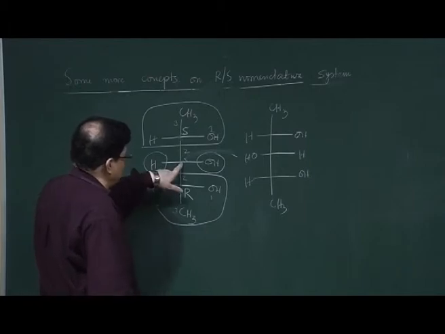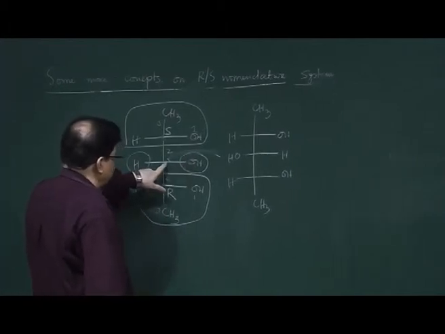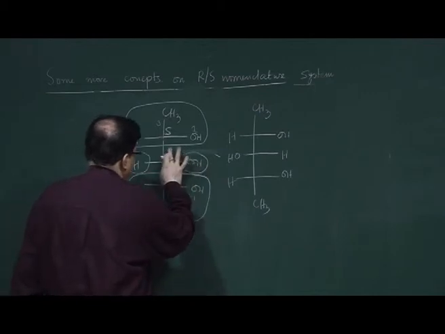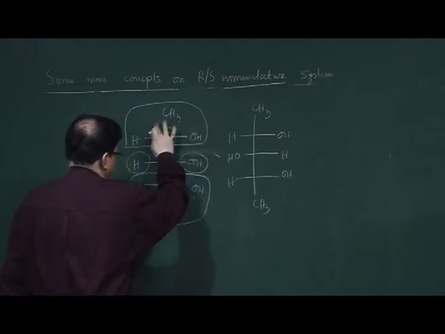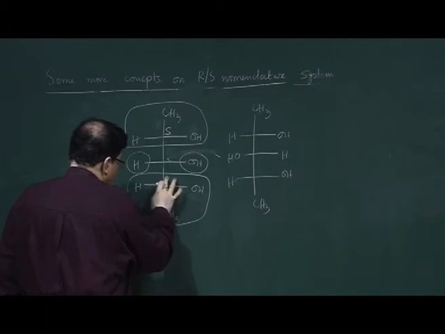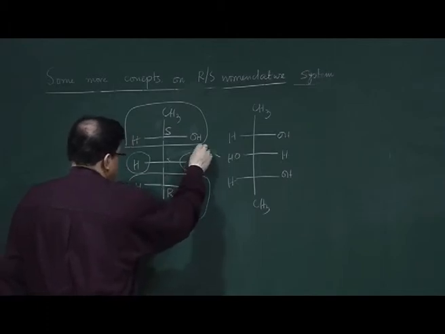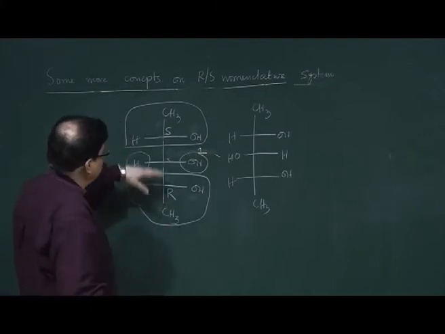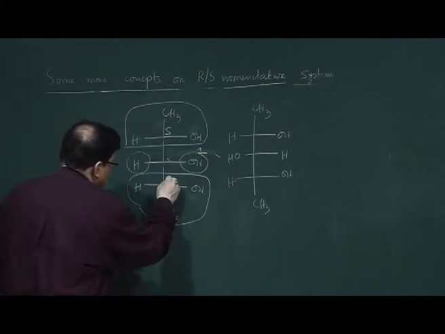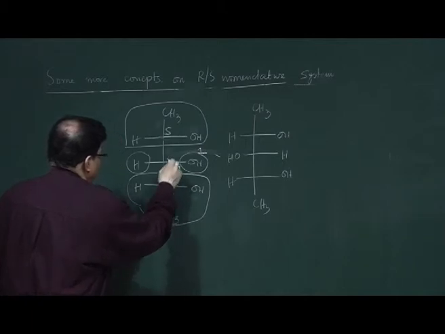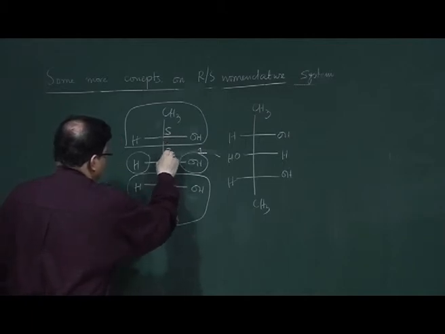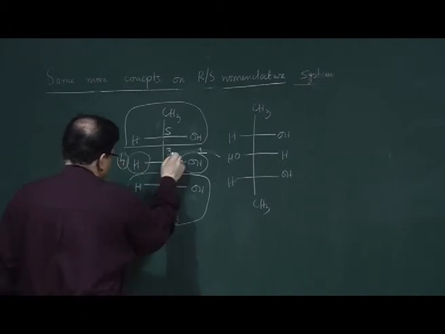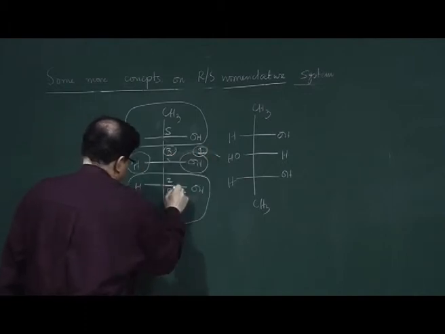Now you assign the priority sequence of the ligands attached to this carbon. So, this carbon, this is OH. Now I erase this just to avoid complexity. So, this is your first group, number 1. Now, the rule says R precedes S. So, this is your number 2 group and this is your number 3 group, this is the hydrogen, that is number 4 group. Remember, hydrogen is on the horizontal side.